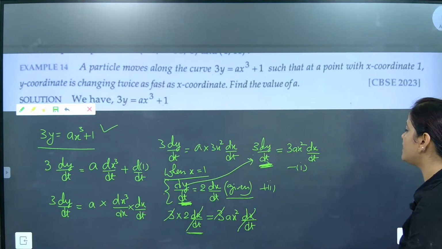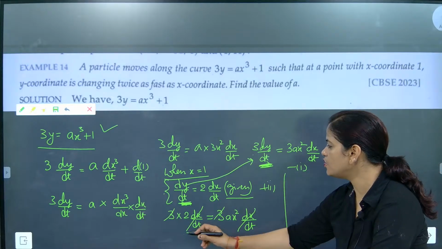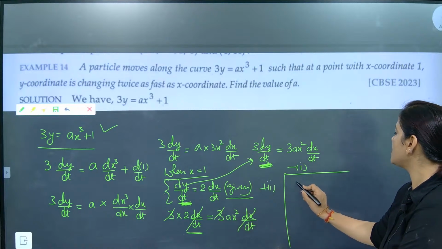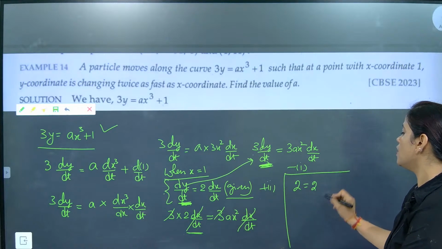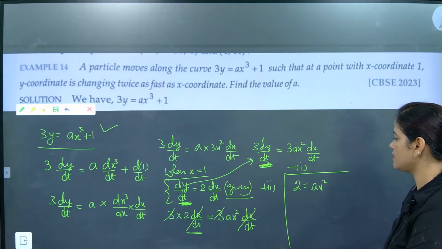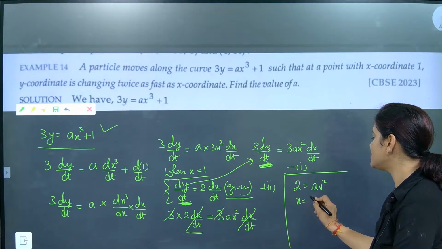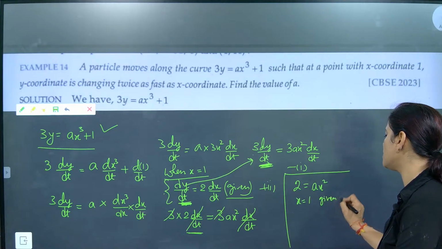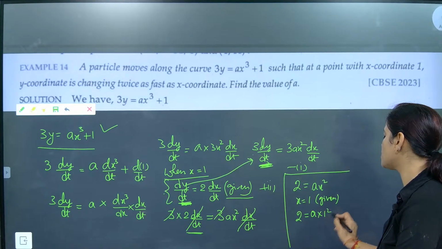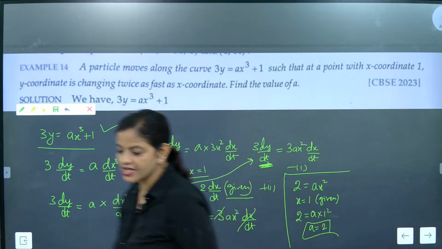When you reach here, half of the work is over, because you have cancelled these and you get 2 equals ax square. Now x is exactly 1, again given in the question. So 2 is equal to a into 1 square. So the value of a is coming as 2.